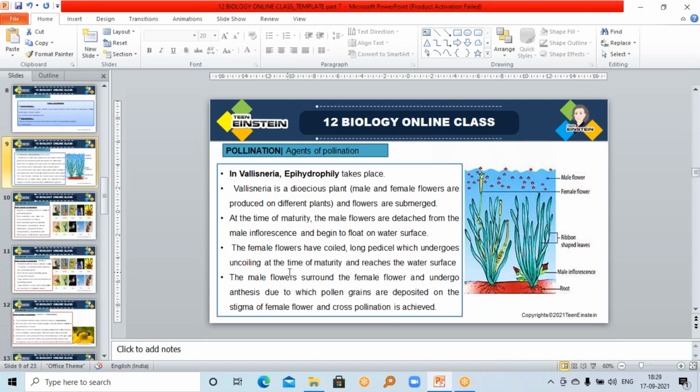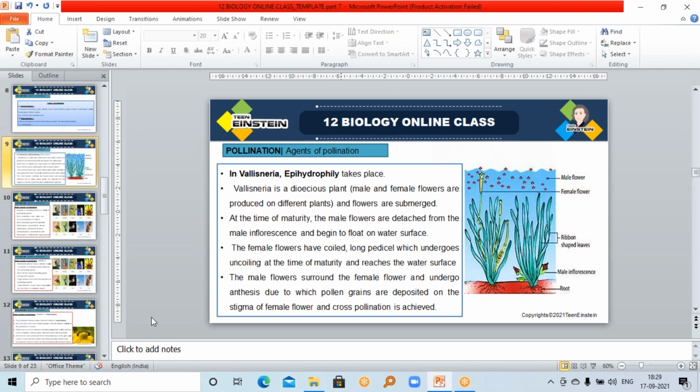Vallisneria is a dioecious plant. What is a dioecious plant? That means the male and female flowers are produced on different plants.